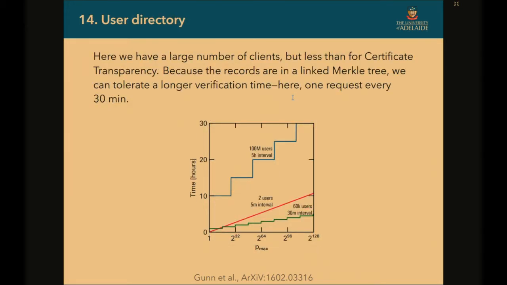Now, for a directory system for key distribution that's something like Connex, this is a bit interesting because you've got a relatively large number of users, but unless you've got really widespread software involved, you're going to have less than certificate transparency, because if that were implemented in Chrome, you've got probably 1 billion or 2 users using it.